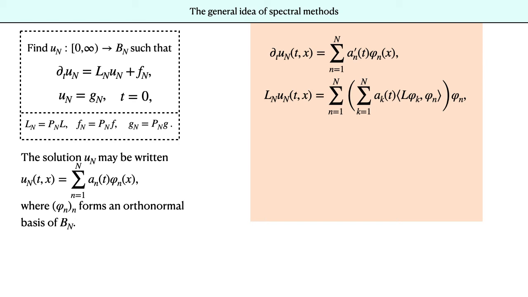Then the operator L_n is maybe a little bit more tricky here, but L_n was just the original L, projected down onto the space again.